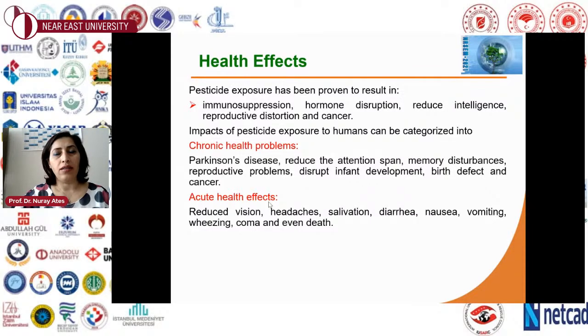So eventually, these pesticides can reach human or animal bodies. Pesticide exposure has been proven to cause health effects, for example, immunosuppression, hormone disruption, reduced intelligence, reproductive distortion, and cancer. The impacts of pesticides are also categorized into chronic and acute health effects.